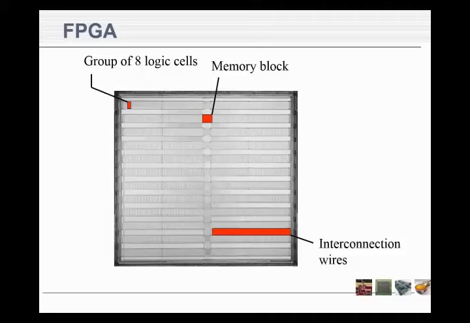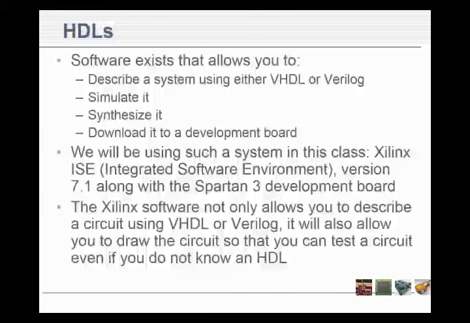The memory blocks are going to be either D or JK type flip-flops, and the interconnection wires are just, you program it and say this goes here, that goes here. But it's important to note that the logic cells are either multiplexers or truth tables.